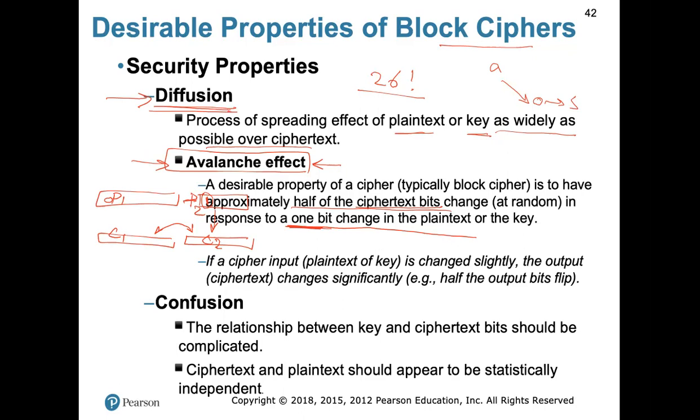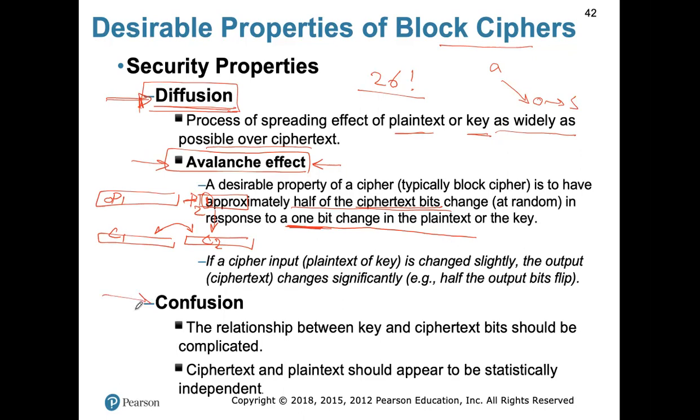This is what we expect from diffusion. And for standard encryption, whoever presents the encryption should show that their cryptographic algorithm fulfills this property.